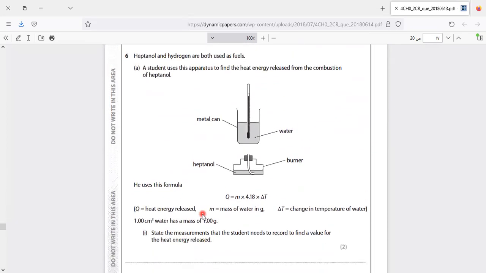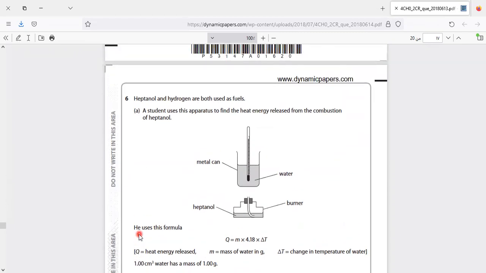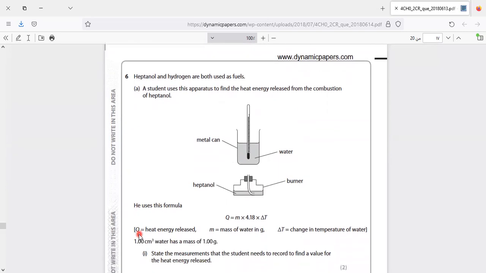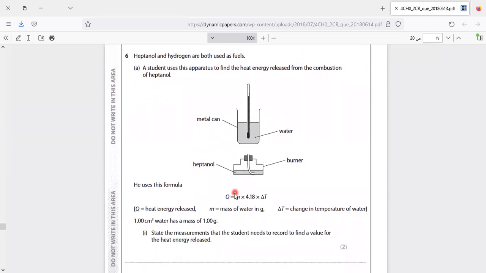Question number 6. Mohamed, read number 1. Heptanol and hydrogen are both used as fuels. A student uses this apparatus to find heat energy released from the combustion of heptanol. He uses this formula: Q equals M multiplied by 4.18 multiplied by delta T. What's Q?